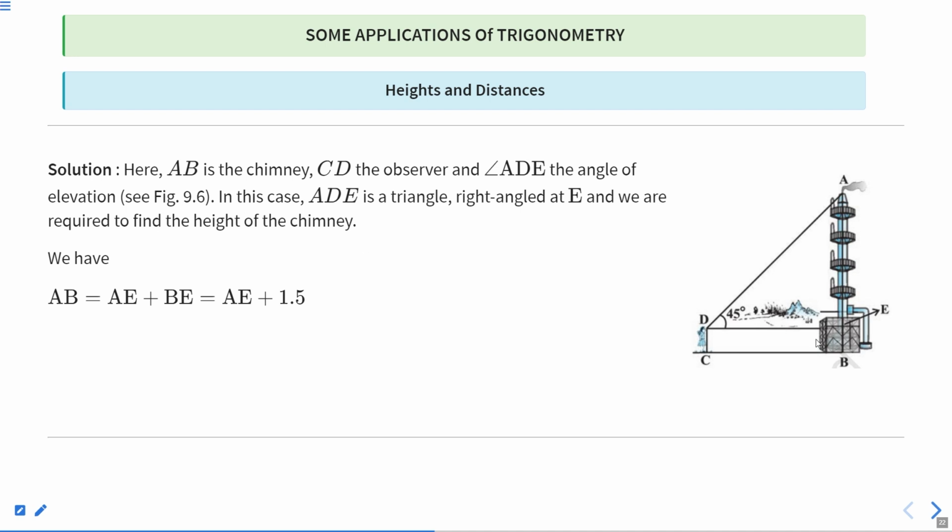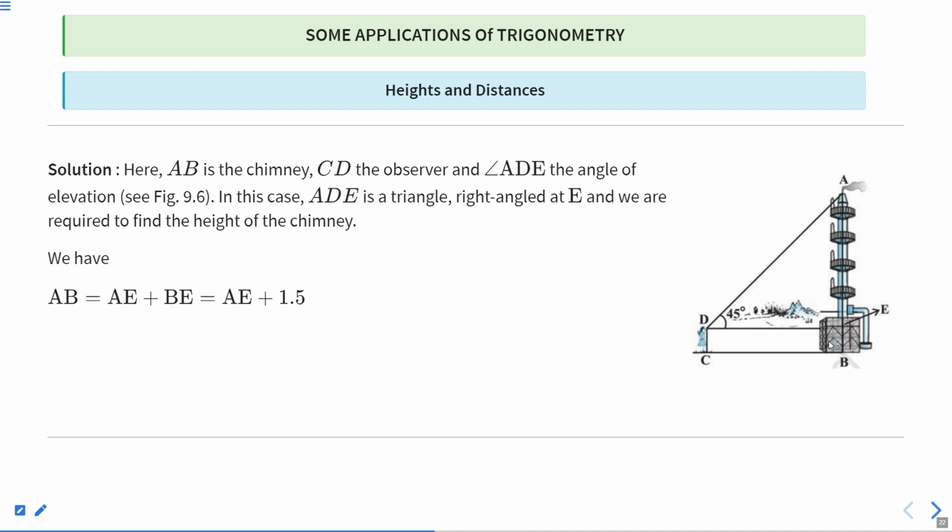See this figure. In this case, triangle ADE is a right angle triangle, right angled at E, and we are required to find the height of the chimney. So AB, the height of the chimney, is equal to AE plus BE. The height of the observer is DC, and that is equal to BE.